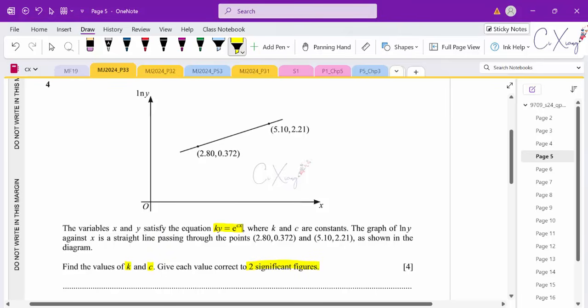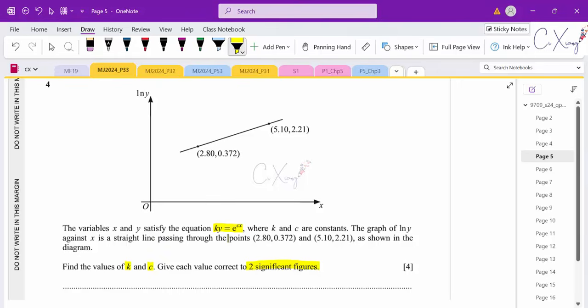Okay, so for this question, you can observe that our original equation has the power with the x, so it should be a curve originally. But after they sketch the diagram by using ln y and also x, you get a linear equation. So you're converting a curve into a linear equation. The possible way is by taking ln or log both sides, and they are in the form of y equals to mx plus c.